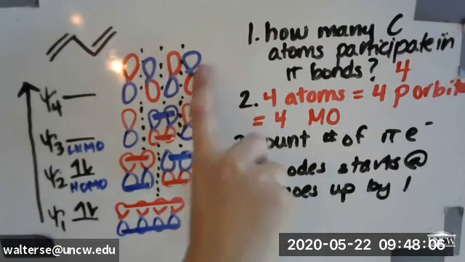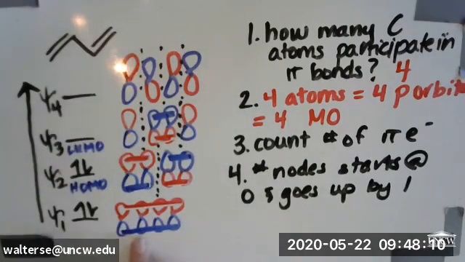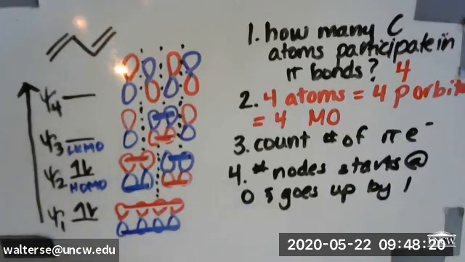This combination has 3 nodes or 3 breaks between the orbitals. This has 0 nodes, 0 breaks between the orbitals. Does that make more sense? Yes. Okay.